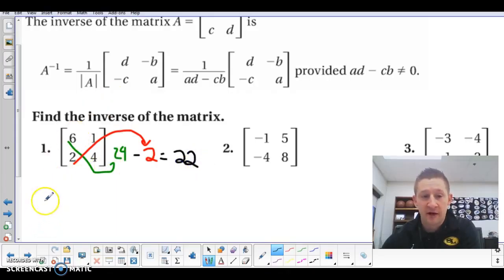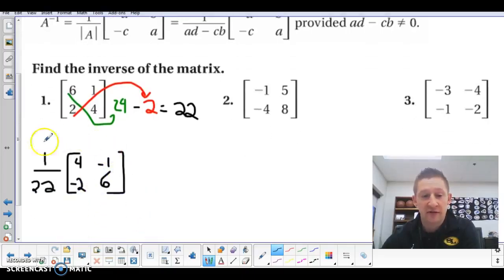To find that inverse, we're going to take 1 over the determinant, 22, times a rearranged matrix. The main diagonal is going to be flipped. Instead of 6, 4, we're going to put 4 up here and 6 down here. The minor diagonal just becomes the opposite, -2 instead of +2, and -1 instead of +1.